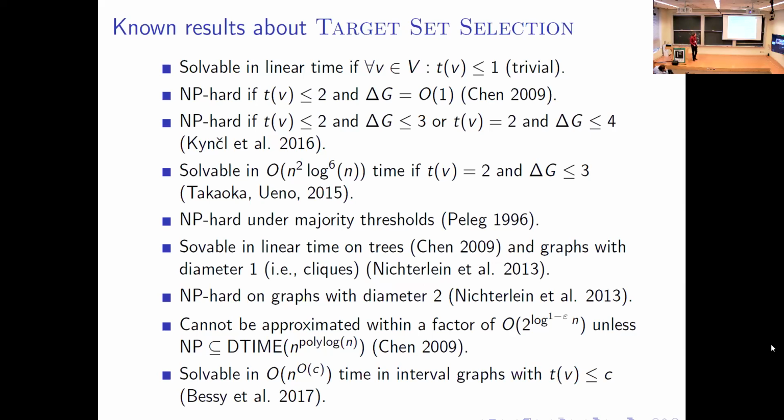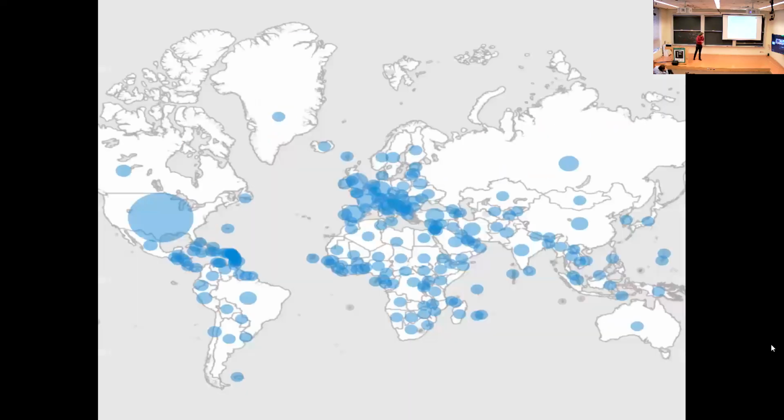And for the last tractability result, I will mention solvability in interval graphs with bounded thresholds, which will be somewhat related to what we do. So let's get back to this picture. And our main motivation was the spread of a virus, and especially in the recent, or not very recent, pandemic of coronavirus.